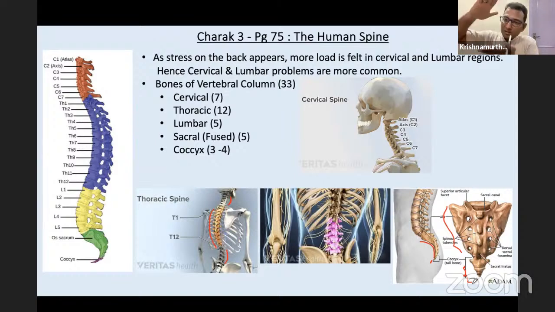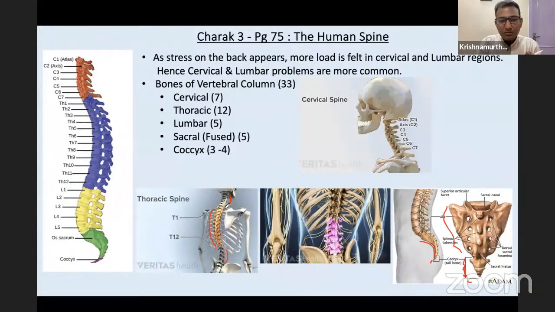If somebody falls on the buttocks, this part of the bone may get injured. So there can be some problems in the tailbone. The coccyx is also called the tailbone.